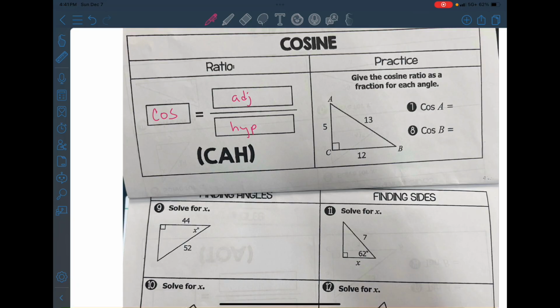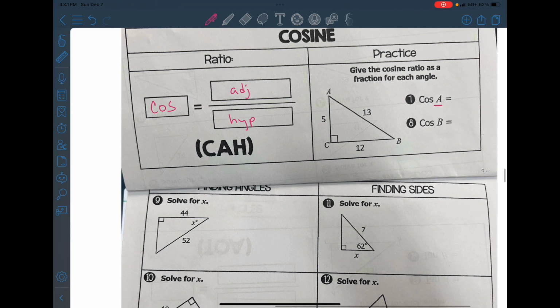Now remember, the hypotenuse is only the hypotenuse. It will touch both sides, but we can only say that it's the hypotenuse. We can't call it the adjacent. We can't call it the opposite. So if I'm looking, we were looking at cosine of A here, and I'm looking at angle A. The side that touches it, well, we have 5 and 13. 13 is our hypotenuse.